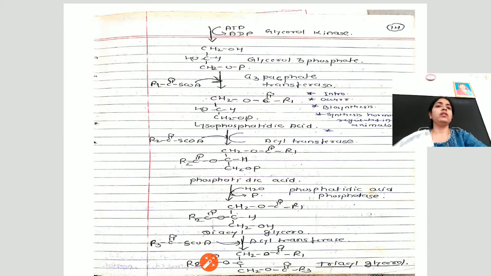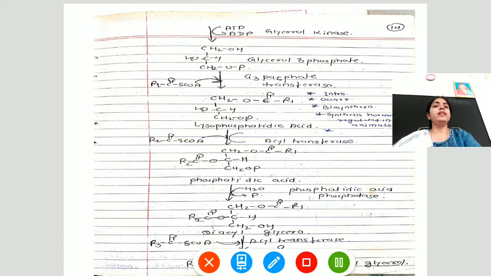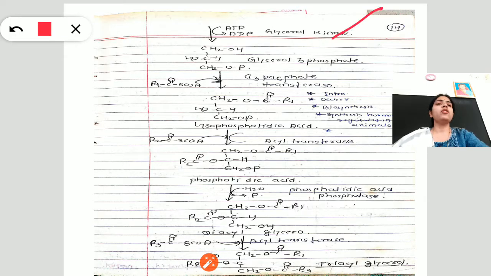With the help of this glycerol, glycerol is converted into glycerol 3-phosphate in the presence of the enzyme glycerol kinase. This glycerol 3-phosphate is converted into lysophosphatidic acid in the presence of the enzyme glycerol 3-phosphate transferase. This lysophosphatidic acid is later converted into phosphatidic acid in the presence of the enzyme acyl transferase.